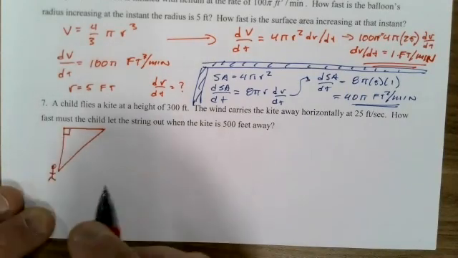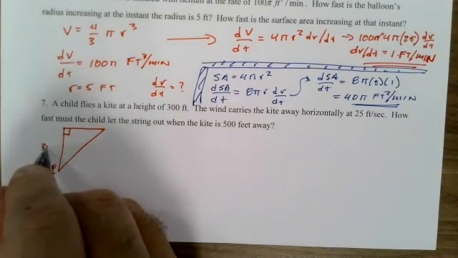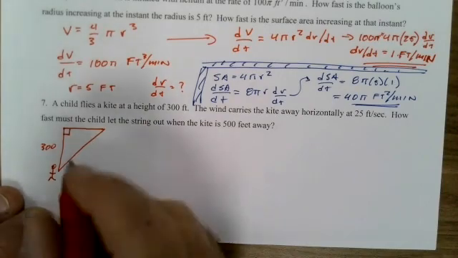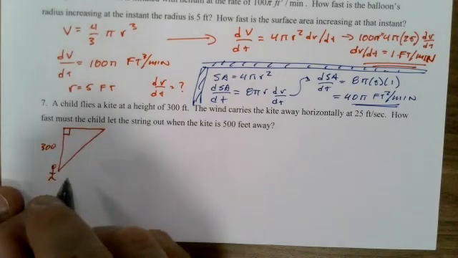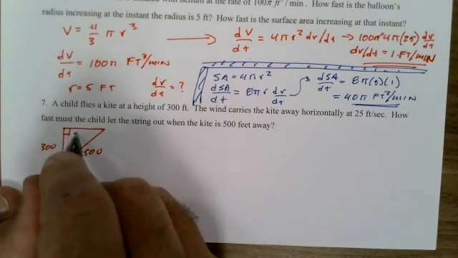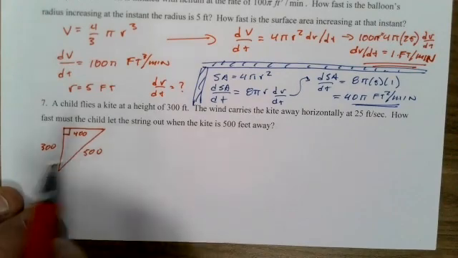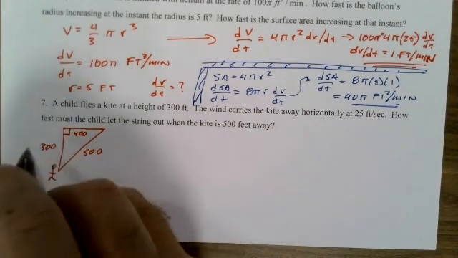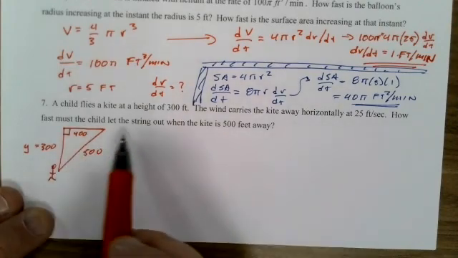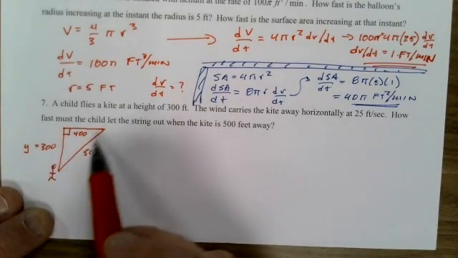If I'm reading this right, it stayed at 300 feet. That's a constant. Okay. And then it's moving sideways here, and it's 500 feet here. Which means this is 400 feet because it's a 3, 4, 5, and I'm leaving my units off. We'll go with y. I'm just trying to find the string out when the kite is 500 feet away.